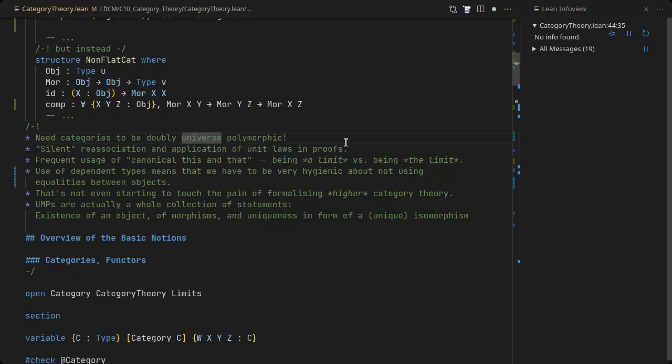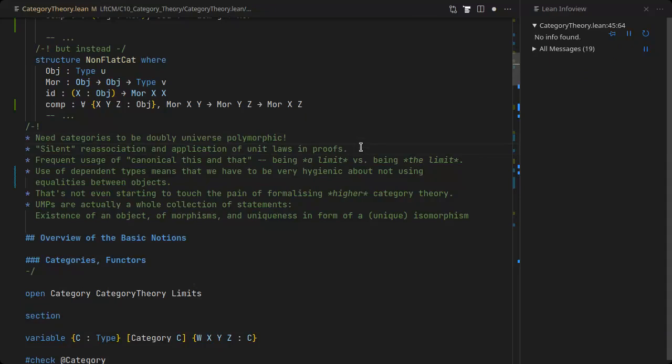Then the next challenge is a completely different one: in many category theory books, associativity is mostly considered as being strict. We don't usually even put parentheses around morphisms, and it's a bit like in algebra.